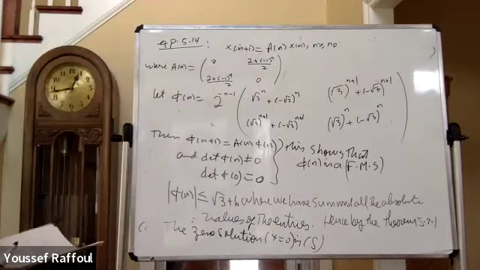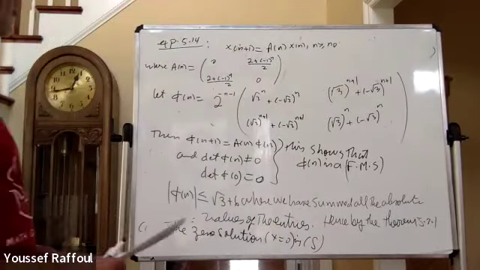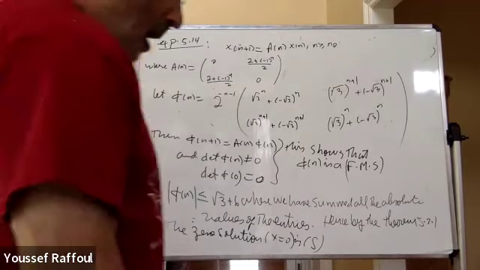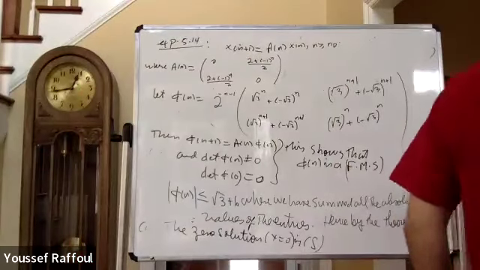Okay. And here it's not stable because phi_n does not go to 0. Okay. Any questions?